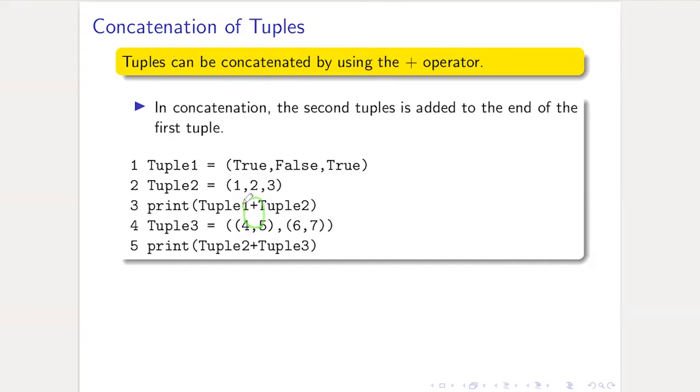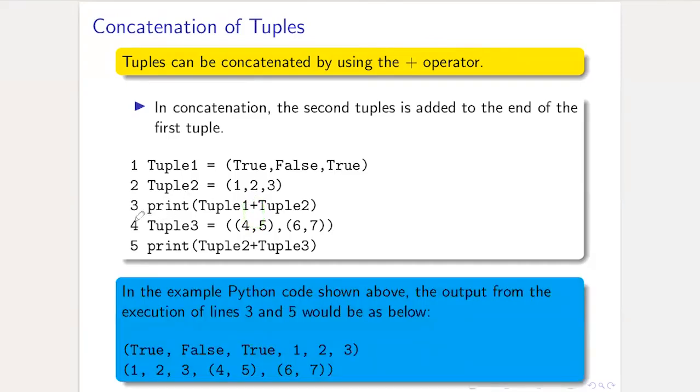Let me show you the sample code. The first tuple is a triplet, True, False, True, and the second one is a triplet 1, 2, 3. If you just add it, you get a 6 element tuple.